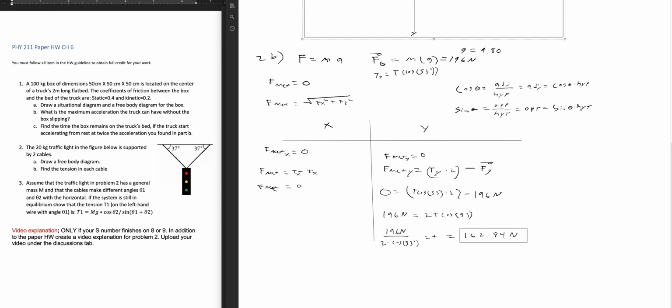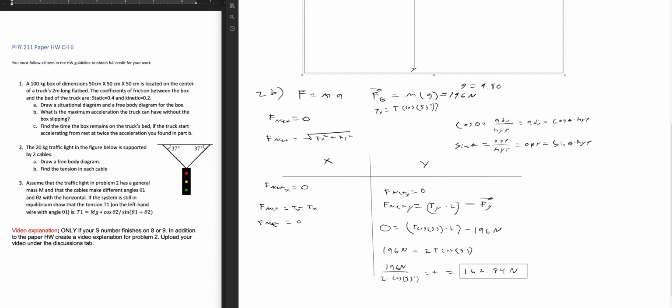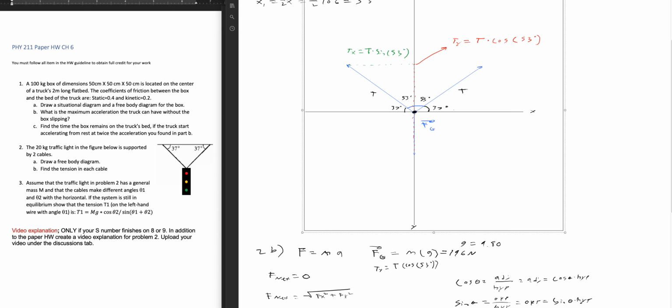Now, in order to find how I transform Ty to T cosine of 53, we have to go back up here. And we have to look at these guys. My laws for cosine and sine.